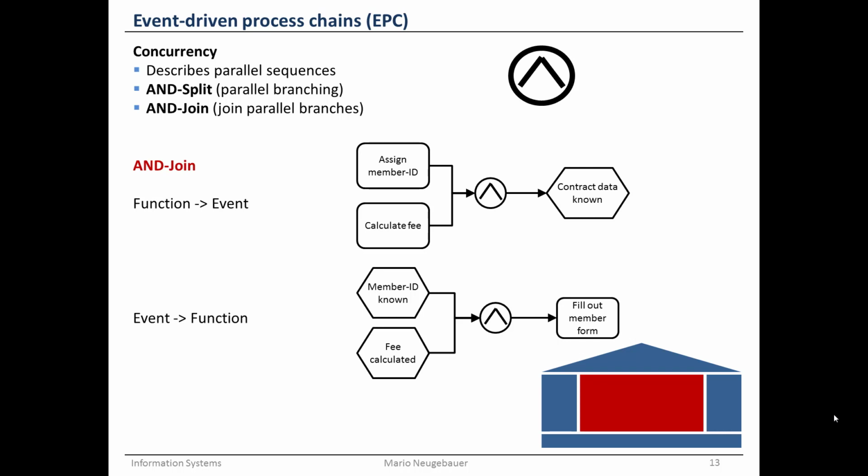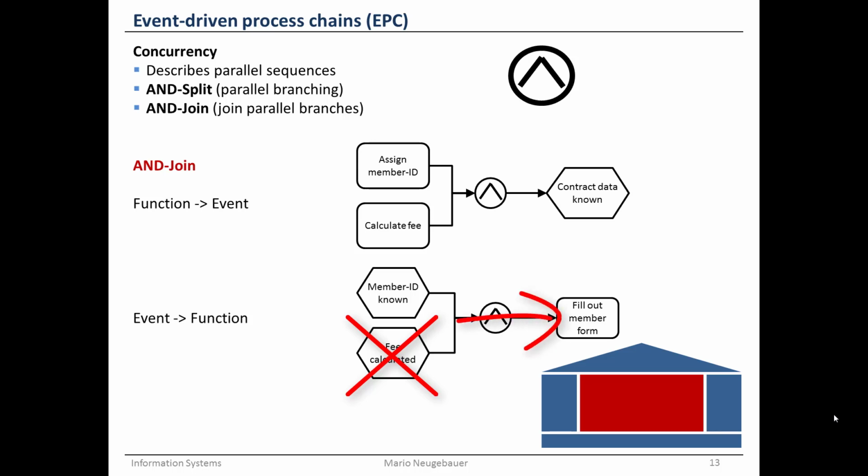The AND join also dictates in both cases that you have to join when you come from both sequences together. So it's not allowed to arrive only with one sequence. For example, in the lower example, that you say you know the member ID, but the fee is not calculated. But anyway, you perform the AND join and you fill out the member form.